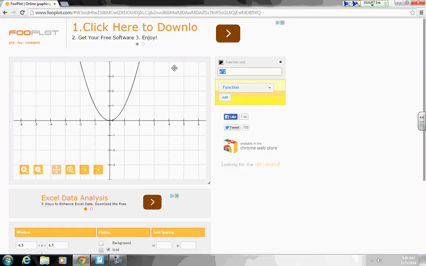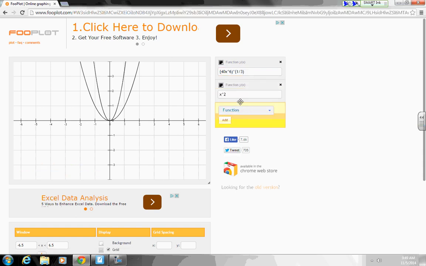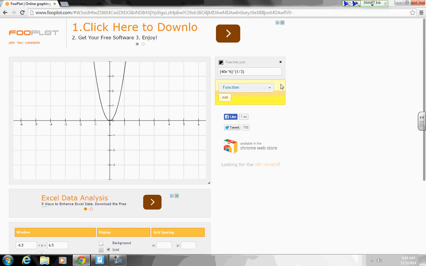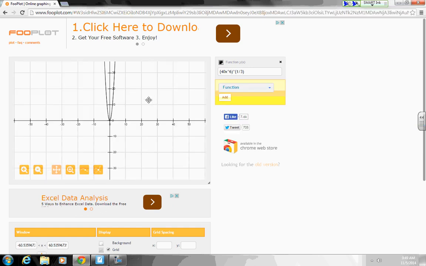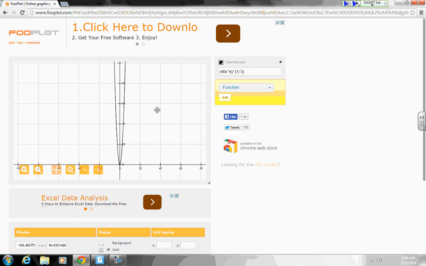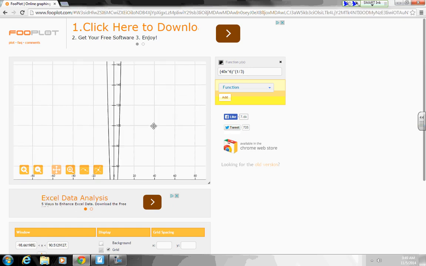What was that first one we did? It was 40x to the power 6. And then we're taking the cube root. I don't have a cube root button, but I can do power 1/3. That's the cube root. And I can probably plot that thing. Looks kind of like a parabola. Is it going to get all weird on us? Oh, yeah, it won't get weird on us.